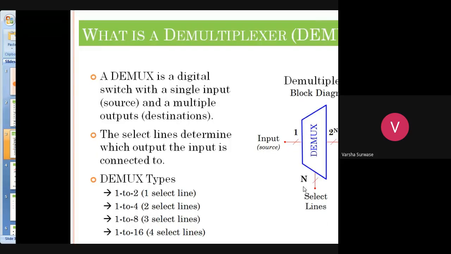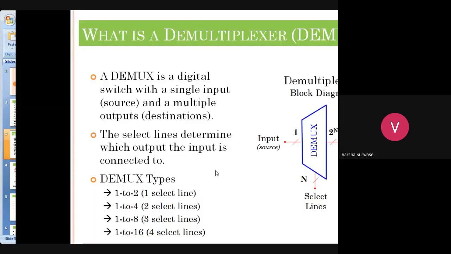The select lines determine which output the input is connected to. Same like a mux, demux has 1 is to 2, 1 is to 4, 1 is to 8 and 1 is to 16. So 1 into many, you will get one input to many outputs.